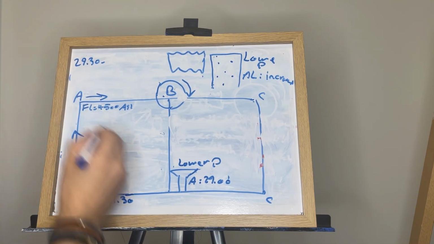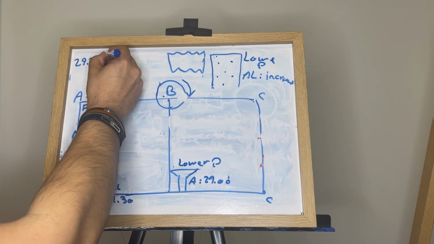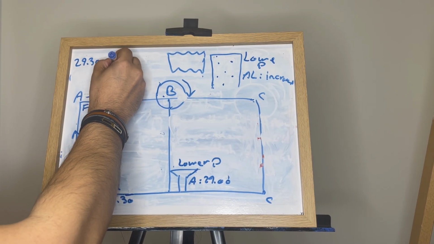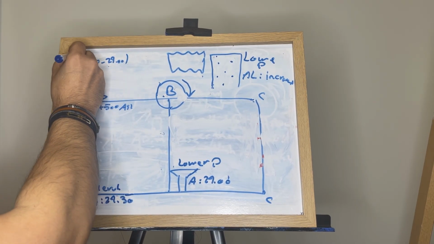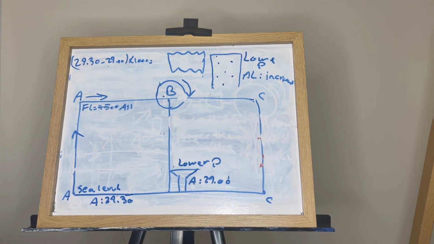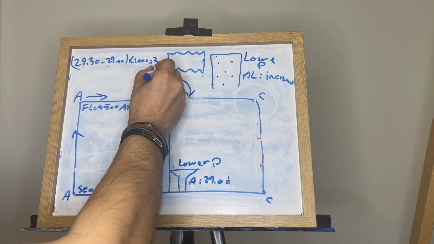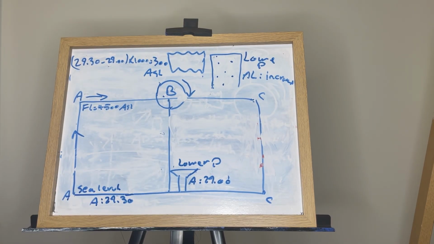2930 minus 2900, multiplied by 1000, equals 300 feet above sea level.